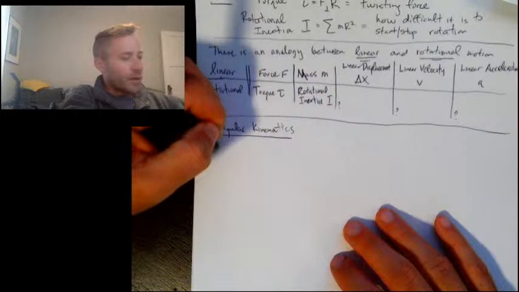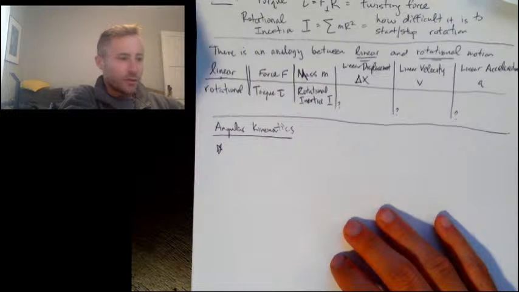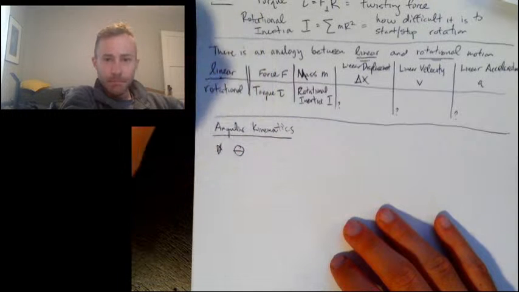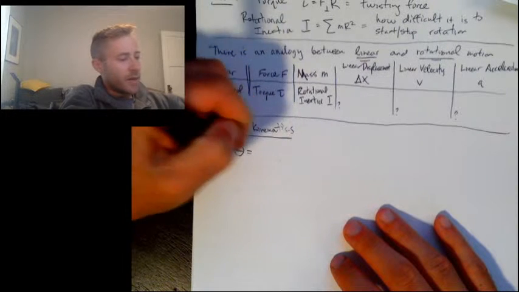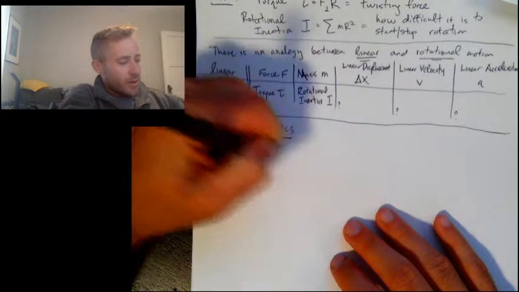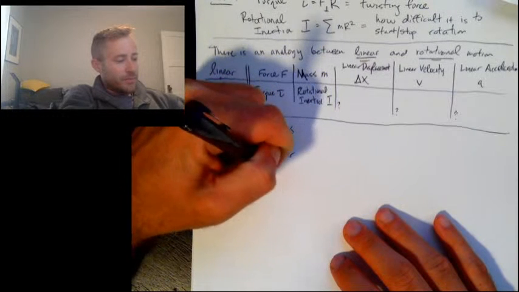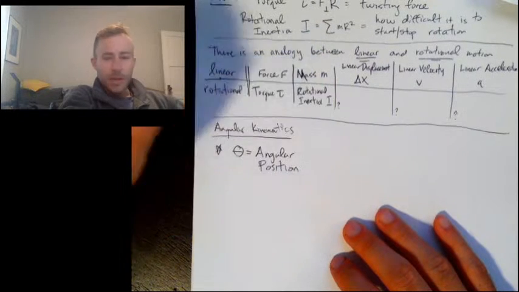And so the first quantity that I'm going to discuss is denoted by theta, and theta is called the angular position.